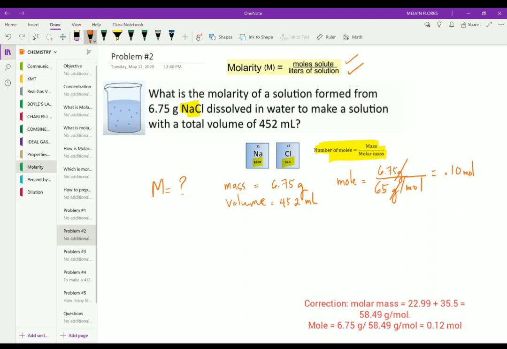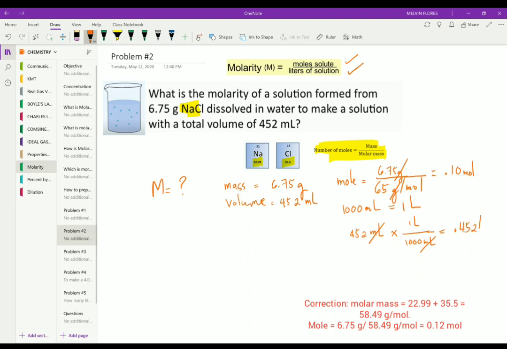We have 1000 ml equals 1 liter, so we divide 452 ml by 1000, and that gives you 0.452 liter.